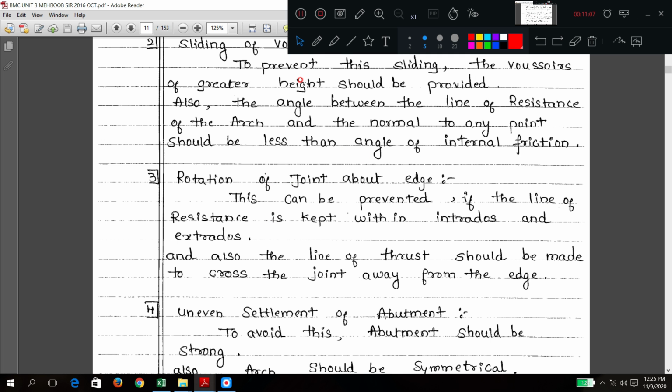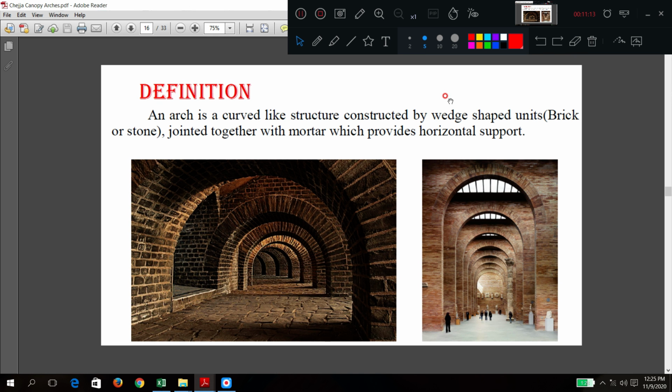Rotation of the joint. What do we mean by rotation? Rotation means this will come outside and this will go that side, not in the vertical direction but in the horizontal plane. Try to imagine: one stone is coming this side and another stone will go that side.